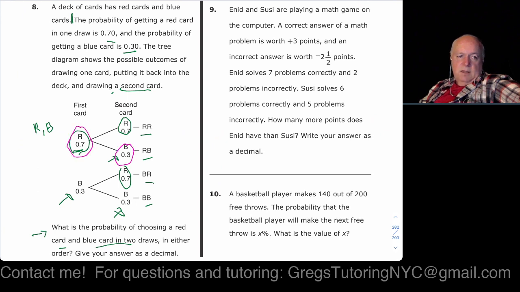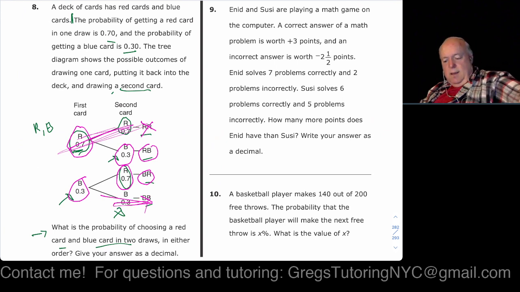The other thing we might do is pick a blue followed by a red, BR. We're not concerned about RR and BB, so they're out of our sights here. They're not the scenario that this is talking about.